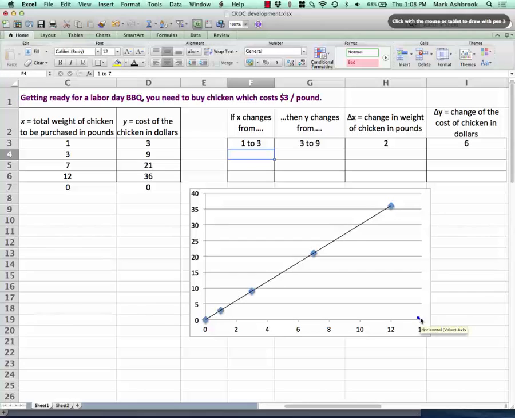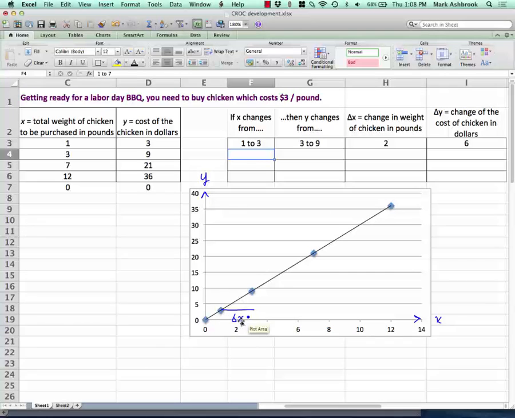So this is our x, our horizontal. That's our pounds. And y vertical is our cost. So if we just want a change in x, we're going to go like that. And that's delta x equals 2, because I went from x equals 1 to x equals 3. And when we did that, what happened to the change in y?